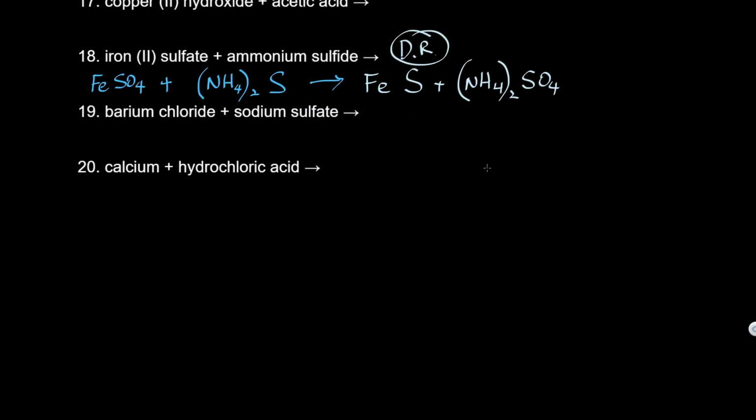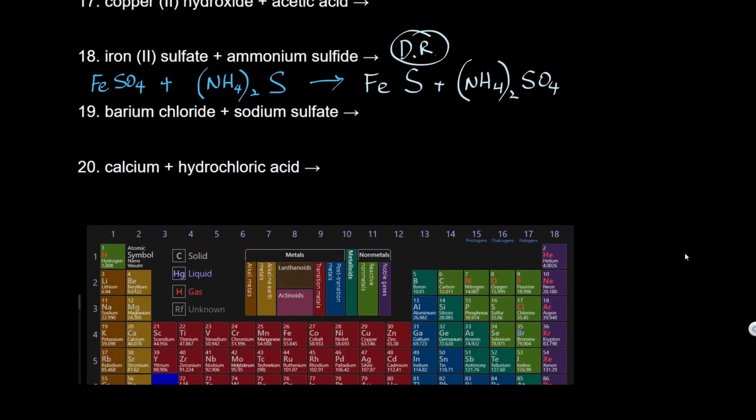So let's look at number 19. Barium. You look at the periodic table here. Barium is where? Oh, it should be over here. You can't really see it, but it's on the second column right there. So Ba has 2 plus charge. Chloride right there is -1 charge. So you need 2 Cl's right there.